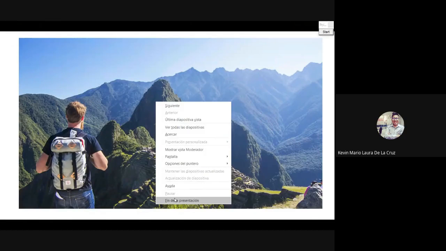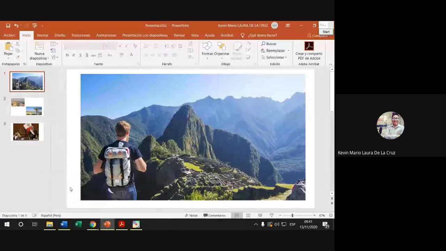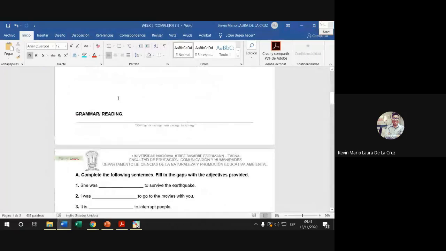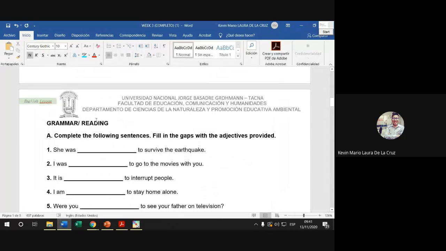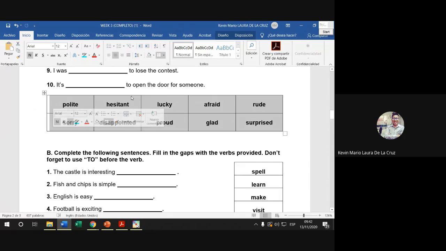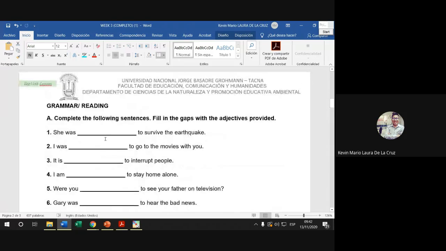So now I will explain to you each part that you have to follow during this activity. Okay. For example, the first one right here says complete the following sentences. Fill in the gaps with the adjectives provided. So here we see the adjectives. Okay. So we have to put these adjectives in the correct sentence.